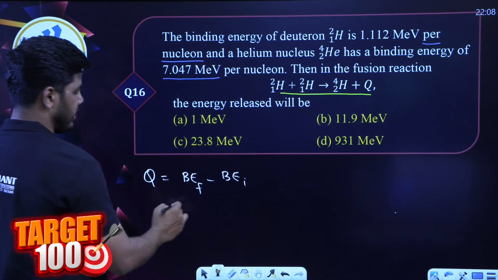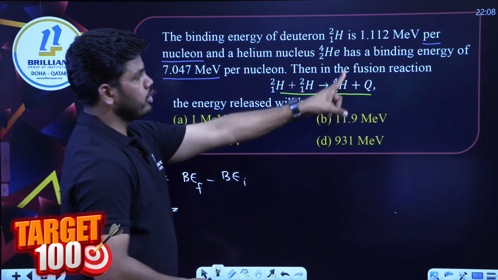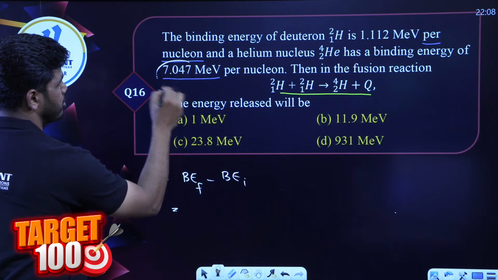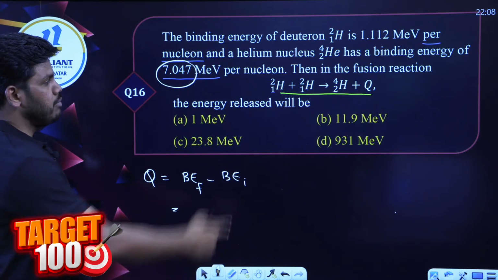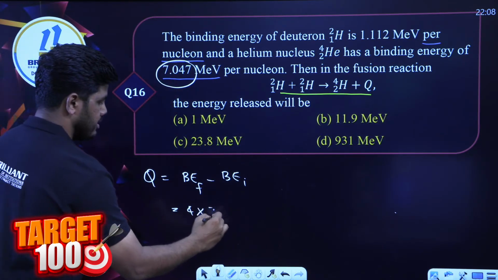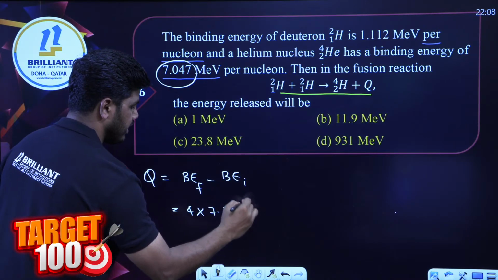So what is the total binding energy final? 4 nucleons into how much? 7.047. This is the binding energy per nucleon of the helium nucleus, and 4 nucleons are there, each with 7.047 binding energy.